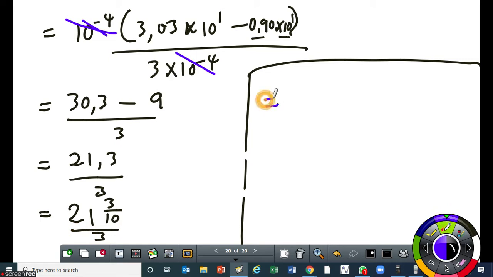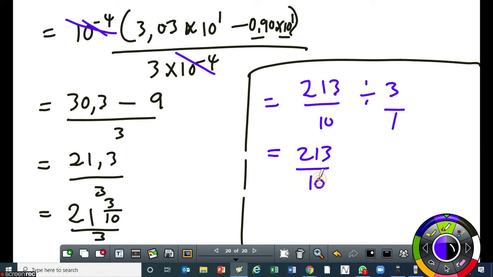Then I'll carry on here, that will give me 213 over 10 divided by 3 over 1. And that will be 213 over 10 times 1 over 3. So the final answer will be 213 over 30.